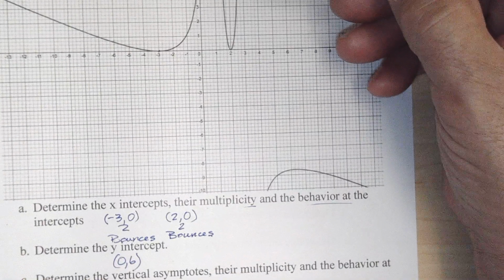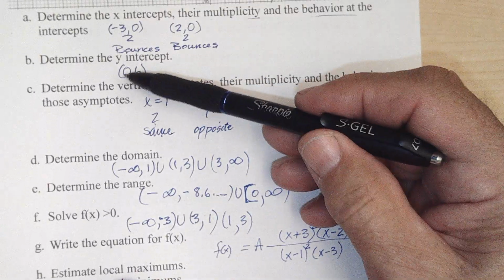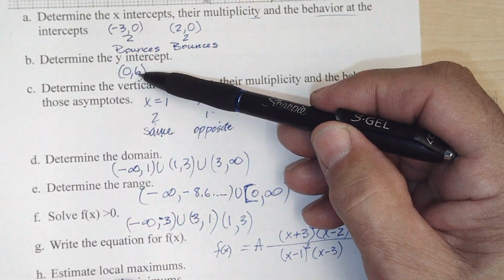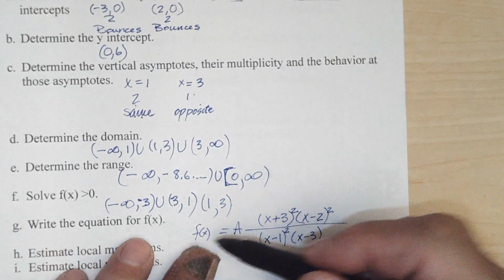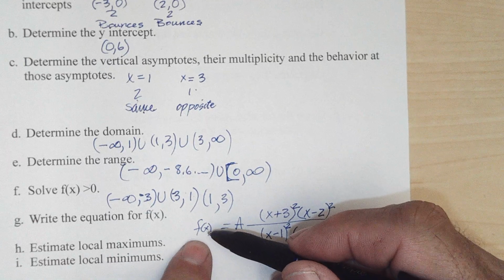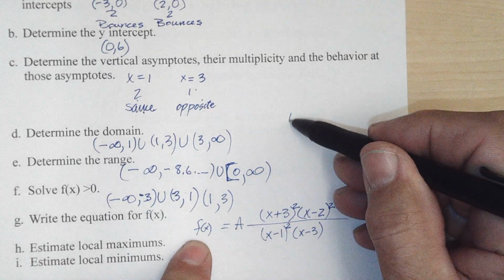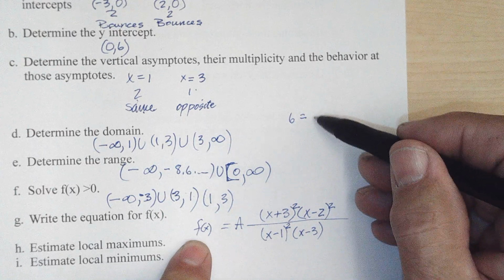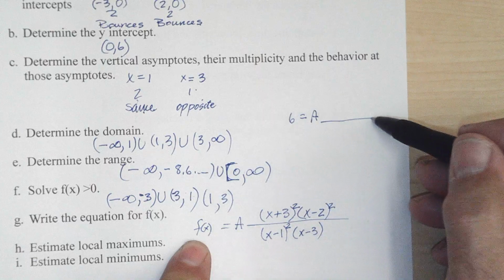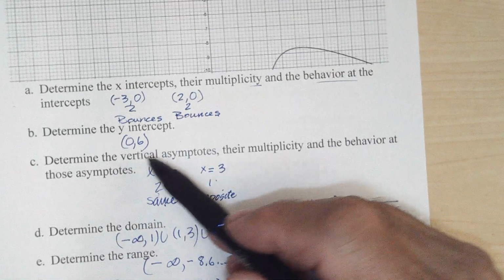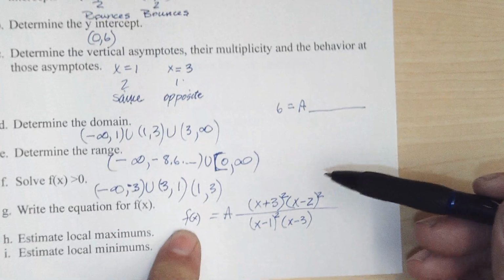X-intercepts, or y-intercept, excuse me, we can use the y-intercept because that allows us to use 0 for x, and we're supposed to get 6. So I'm going to put in 6 for the f of x or the y equals a times, now I'm putting 0 in for all of my x's because that's what a y-intercept is.